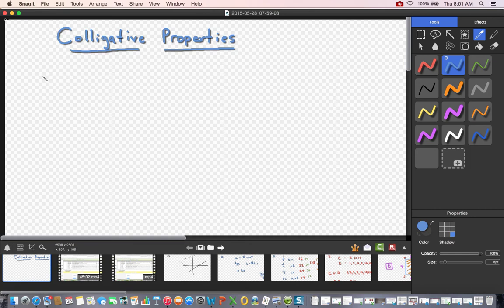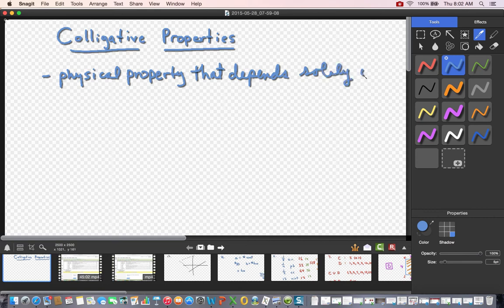So a colligative property is a physical property that depends solely on the concentration of particles.